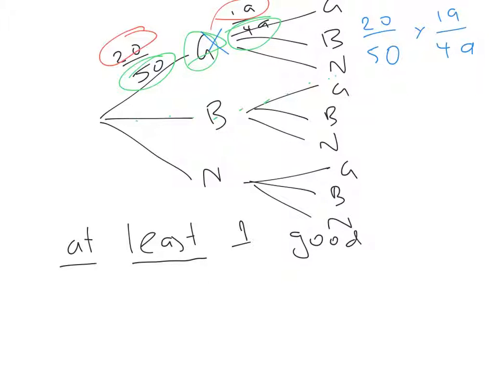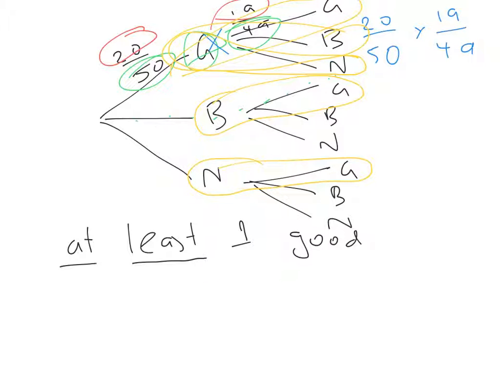So that means we could have 2 good, we could have good, bad, or good, neutral, or we could have bad, good, or neutral, good. Yeah. So they all have at least 1. The others don't. So we would have to work out all of those and then add them all together. Yeah. That's basically how it works.